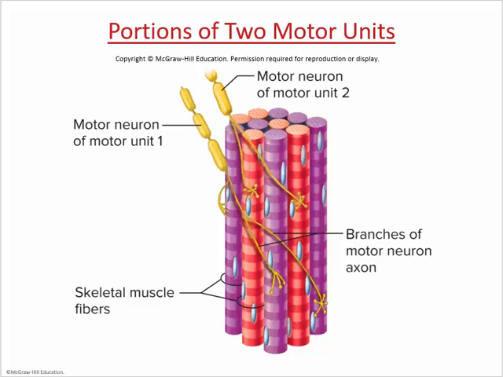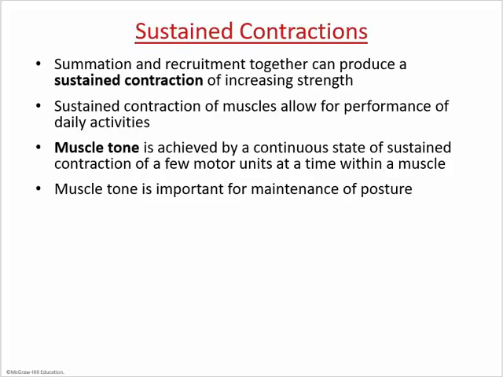It may be within the same fascicle, but all the purple ones will contract at the same time and therefore are motor unit 1 in this case. So between summation and recruitment, we can get this sustained contraction of increasing strength.